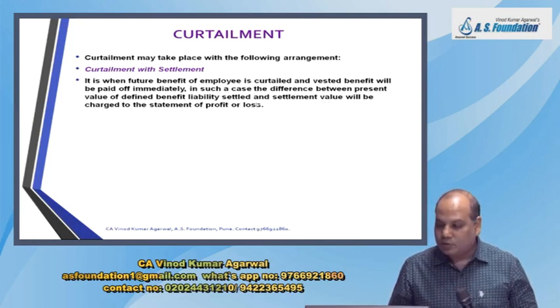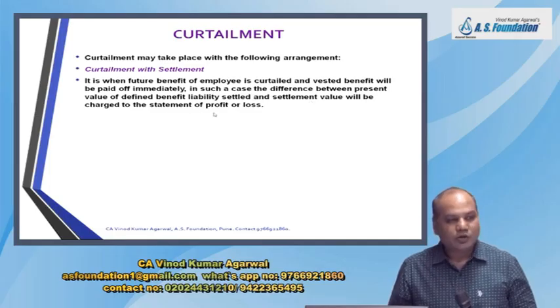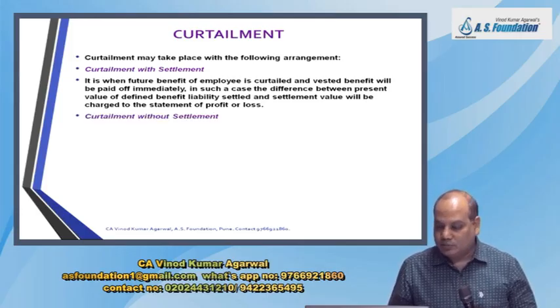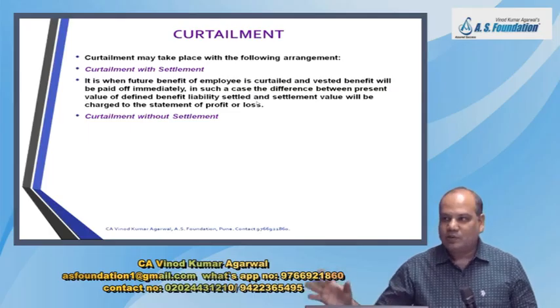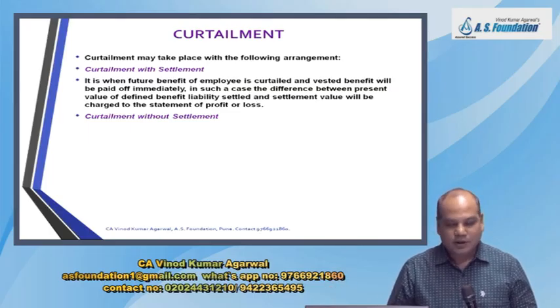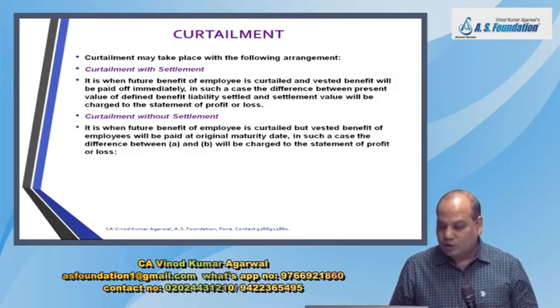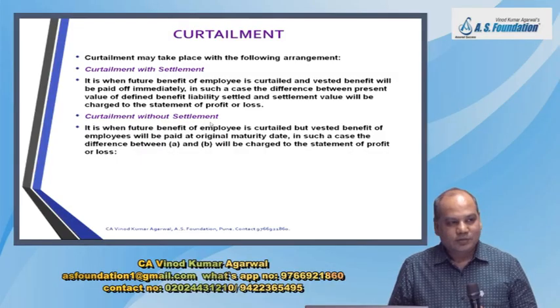So the difference will be charged to statement of profit and loss. Book value may be 30 lakh and the employee may be given 35 lakh, take 5 lakh more, 5 lakh will be my loss. Gain also is possible.